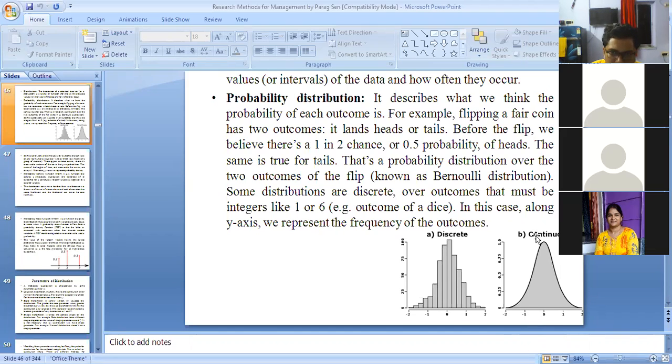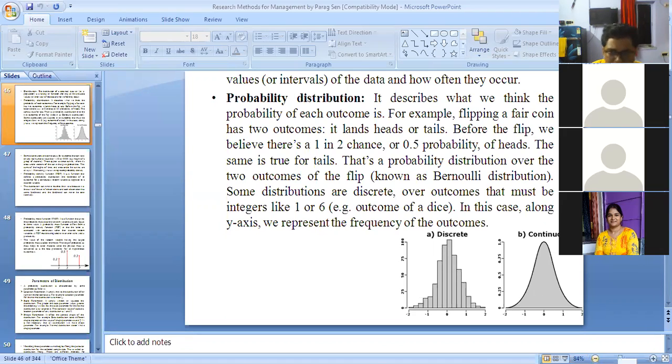So these are known as continuous variables. When you are representing continuous variables along the x-axis, you will have to use the continuous type of distribution.